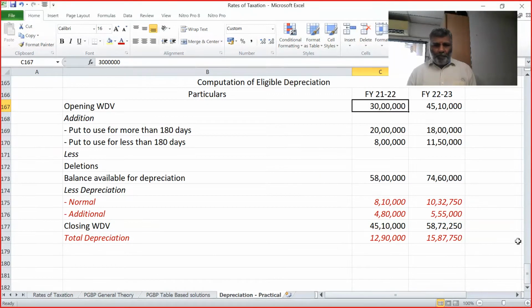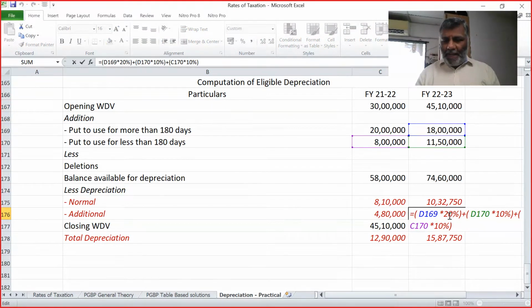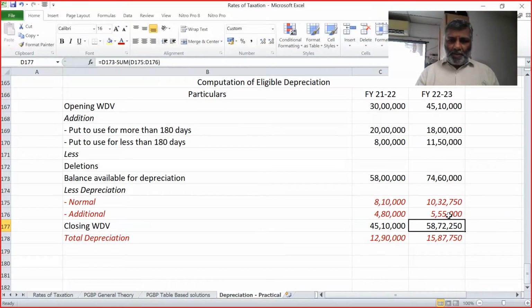So in the second year, for the assets of 8 lakhs, I will claim 10%, and in financial year 23-24, for this, you can claim the balance 10%.